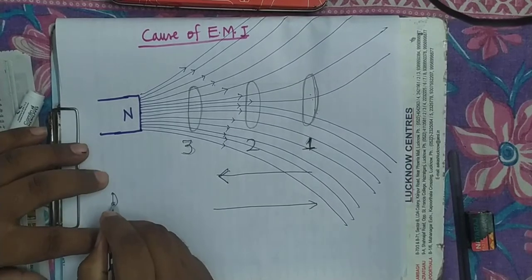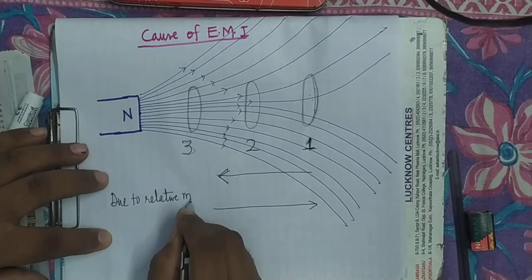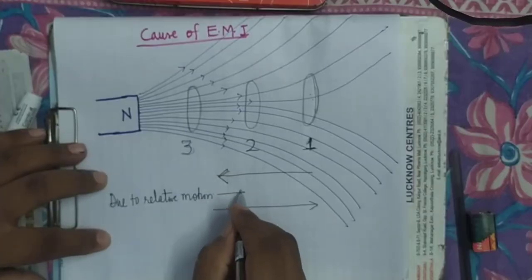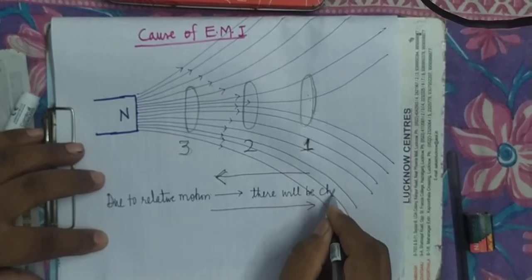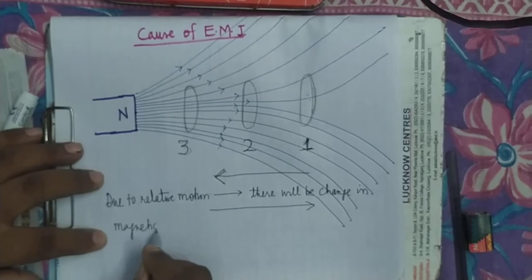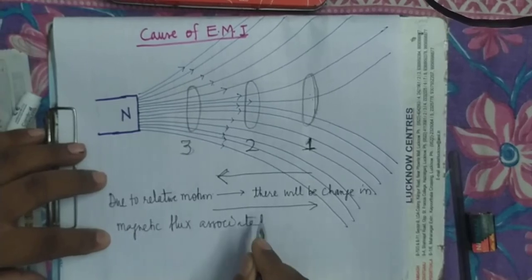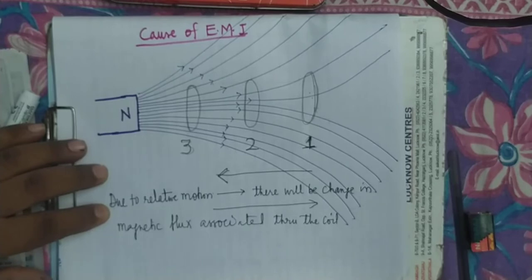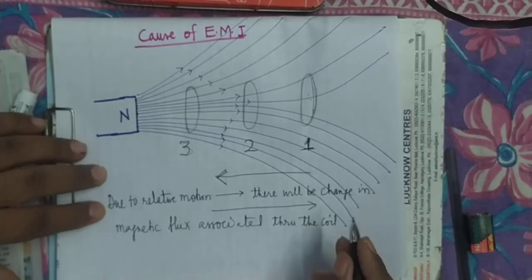So due to relative motion, what will happen? Due to relative motion between the coil connected with the galvanometer and the magnet, there will be a change in magnetic flux associated through the coil, and due to this changing magnetic flux, what will happen?